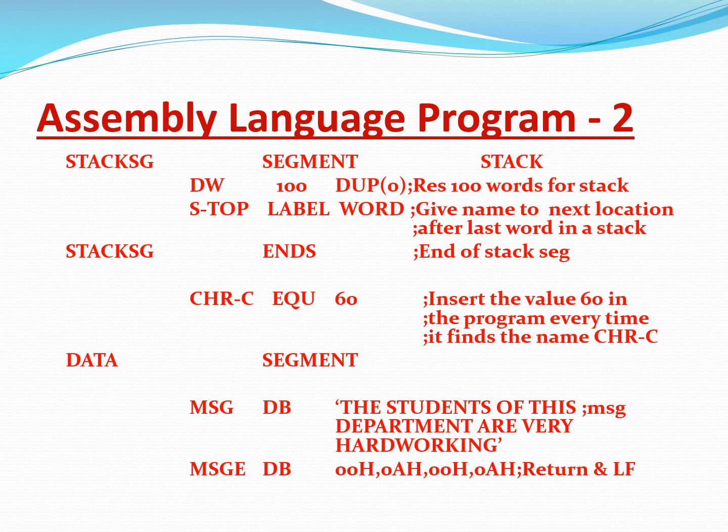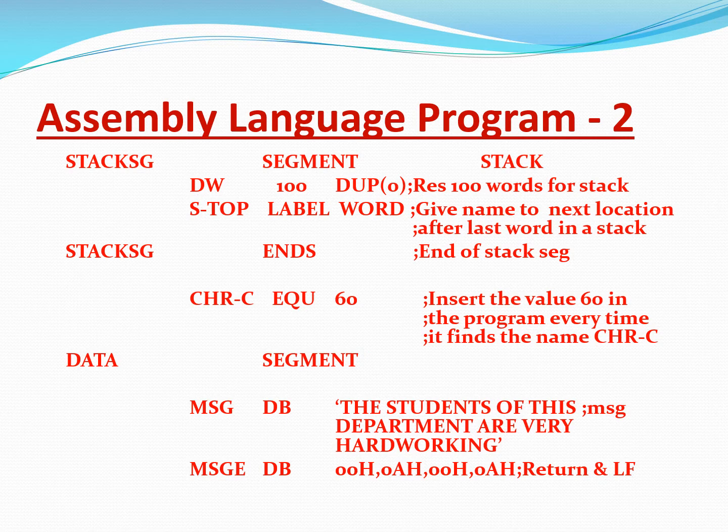So we say DW, define word, 100 DUP(0). That means we reserve 100 words or 200 bytes. That is why we have written duplicate, and initialize it with 0 for the stack, because later on we will put something in the stack.